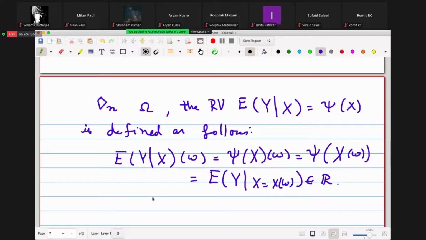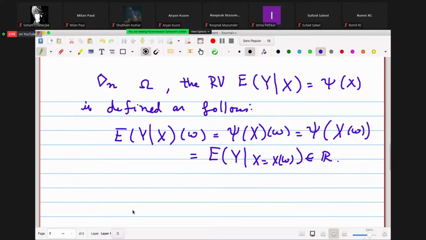It's a very important concept. You have two random variables X and Y, and your joint distribution function is given. Then you get a new random variable. You get several random variables out of it, and this is one such.